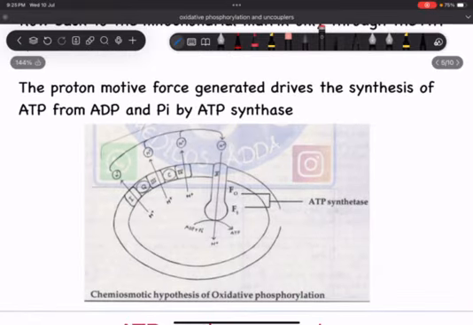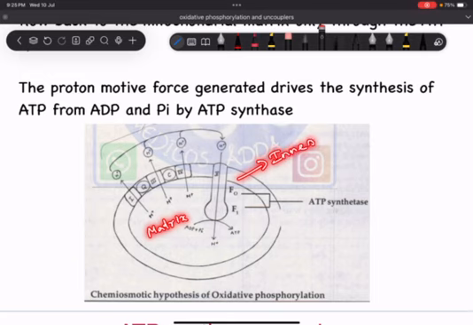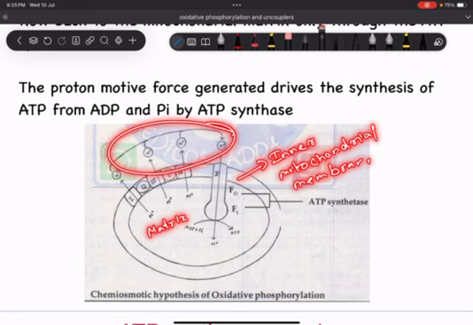So this is the mitochondria. This is the matrix. This one is the inner mitochondrial membrane, and this part is the intermembrane space.